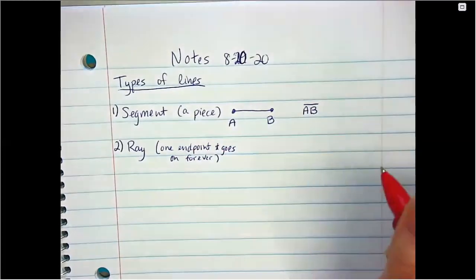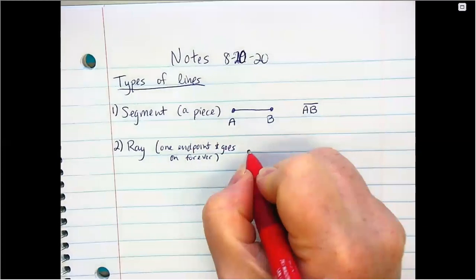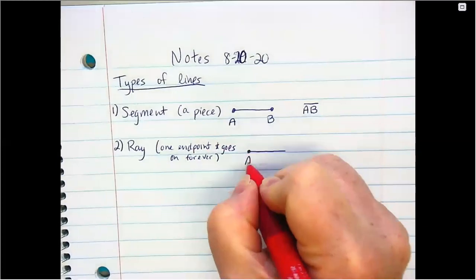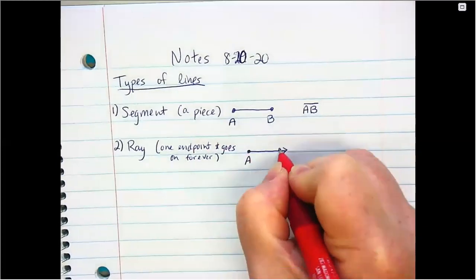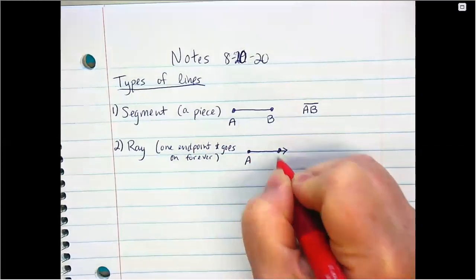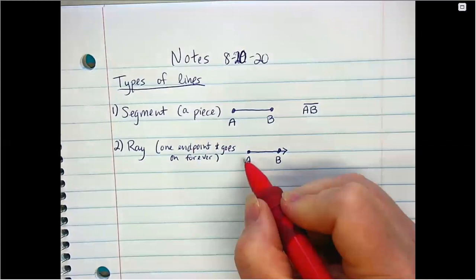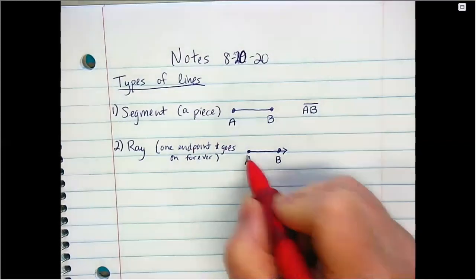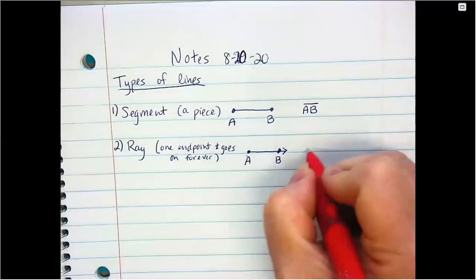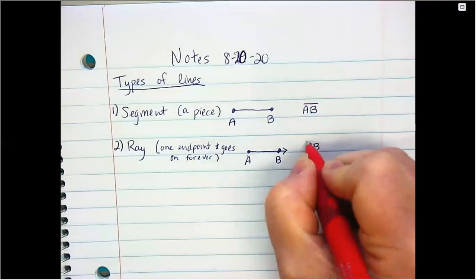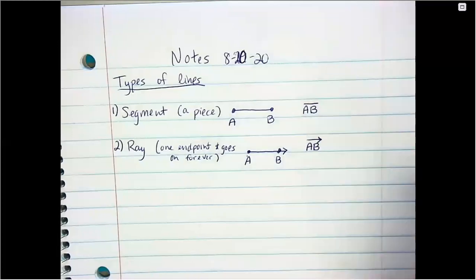So it'll have an endpoint, let's say at A, and an arrow, but there'll be a point B. This means the endpoint is at A and it goes in the direction of B, and we write it as AB with a line and an arrow, because it goes toward B, so the arrow's over the B.